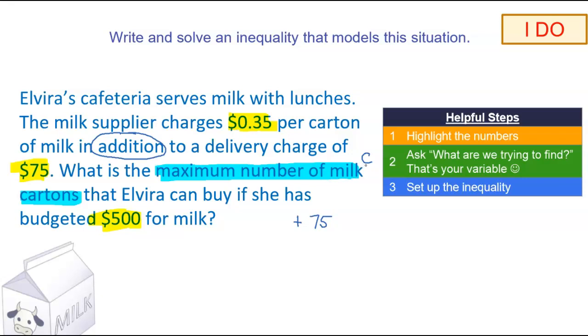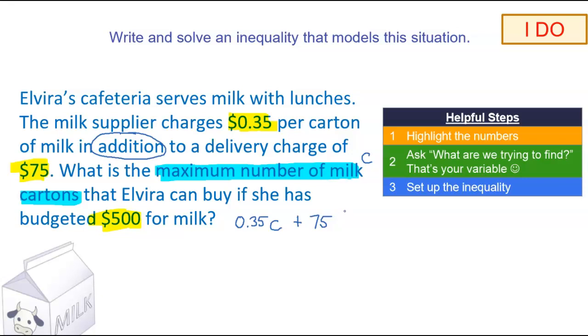But look, we assigned a variable for the number of cartons, that's C. So the total cost of these cartons of milk would be the price per carton times the number of cartons. And then we also have a delivery charge that gets tacked on.